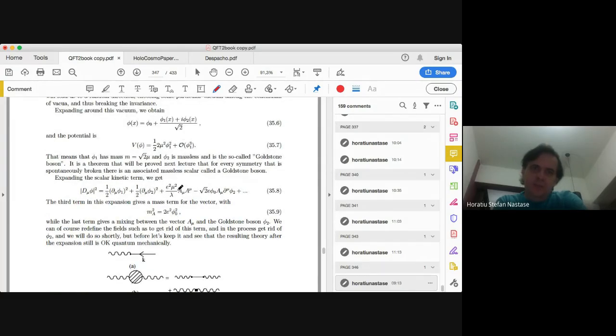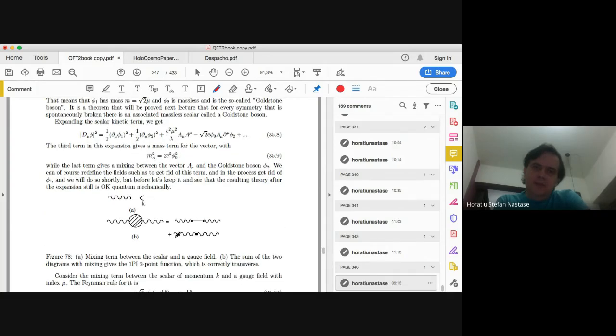So the 1pi part is just the mass term, which is MA, with a vector, and the MA, and then another vector.